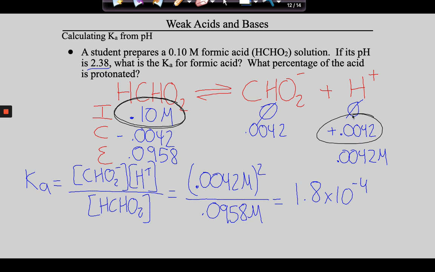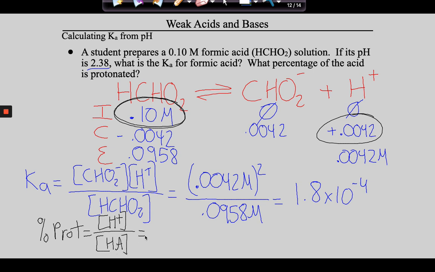So percent protonation is a ratio of protons at equilibrium divided by the number of protons we could have. So percent protonation is equal to hydrogen ion concentration divided by the acid concentration.